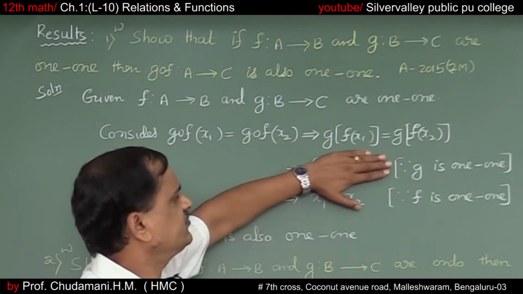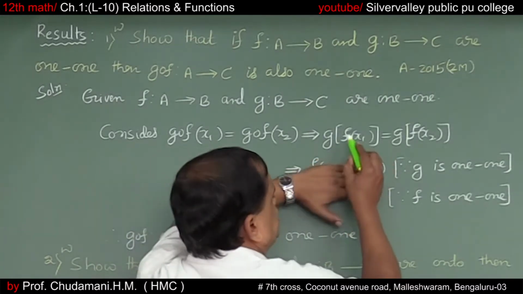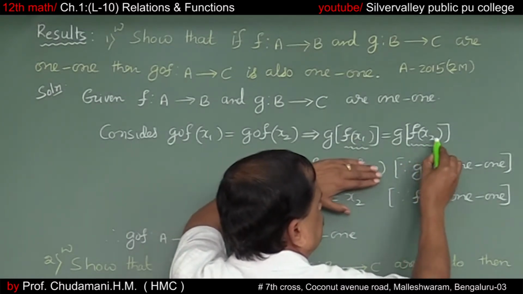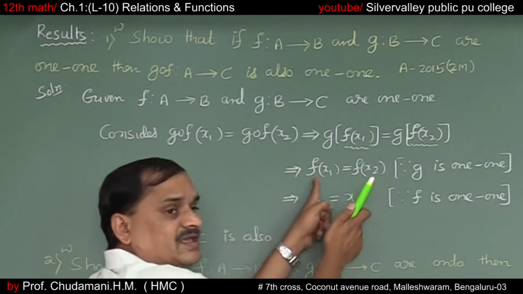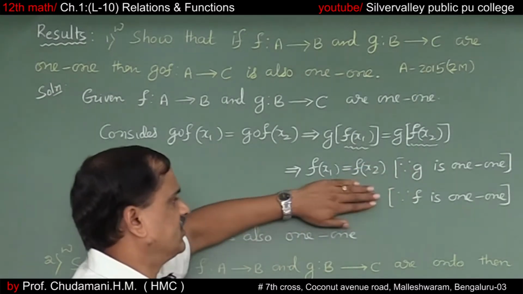As g is a 1-1 function, g of x1 is equal to g of x2 implies x1 is equal to x2. I mean f of x1 equals f of x2 since g is 1-1.